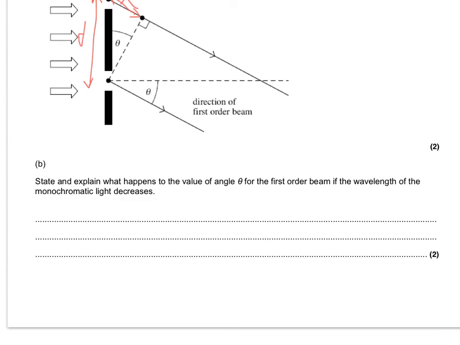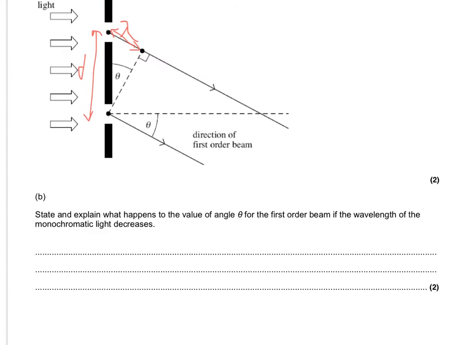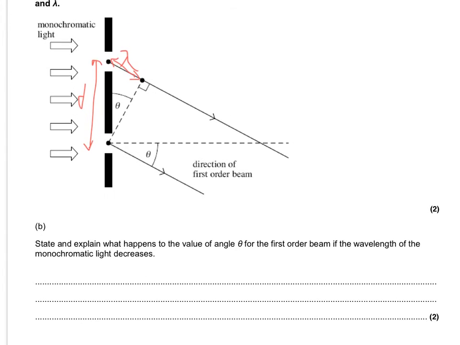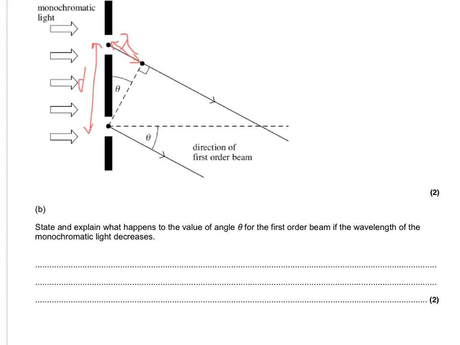Then it wants us to state and explain what happens to the value of theta for the first order beam if the wavelength decreases. So, theta, first of all, let's calculate this, is calculated by doing the inverse sine of lambda over d.